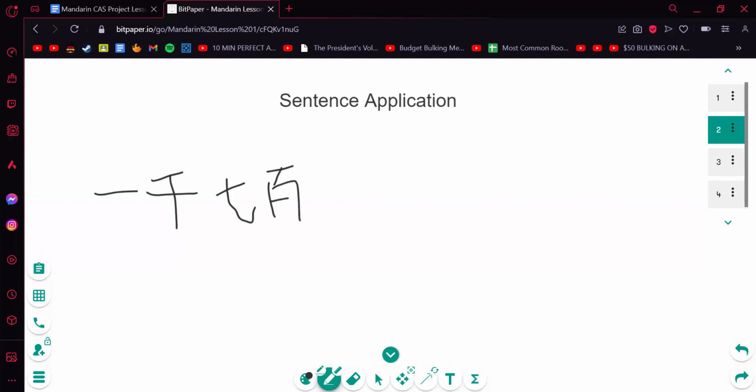So you gotta add this to make it 700. So 1720. And remember, this is two by itself, but then add the 10, it becomes 20 and then 9. Or yeah, 1729. Like that.